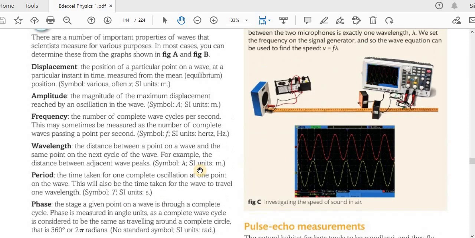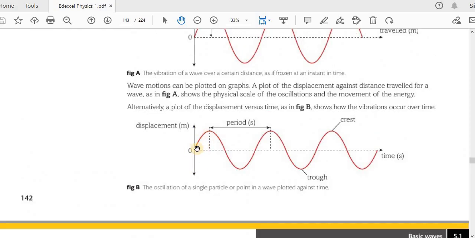SI unit is the radian. Again, if we look at this, for example, now let's say from here all the way to here, you can understand that is one complete wave cycle. So if something is, let's say here, then the phase is pi radians, because pi is 180 degrees.